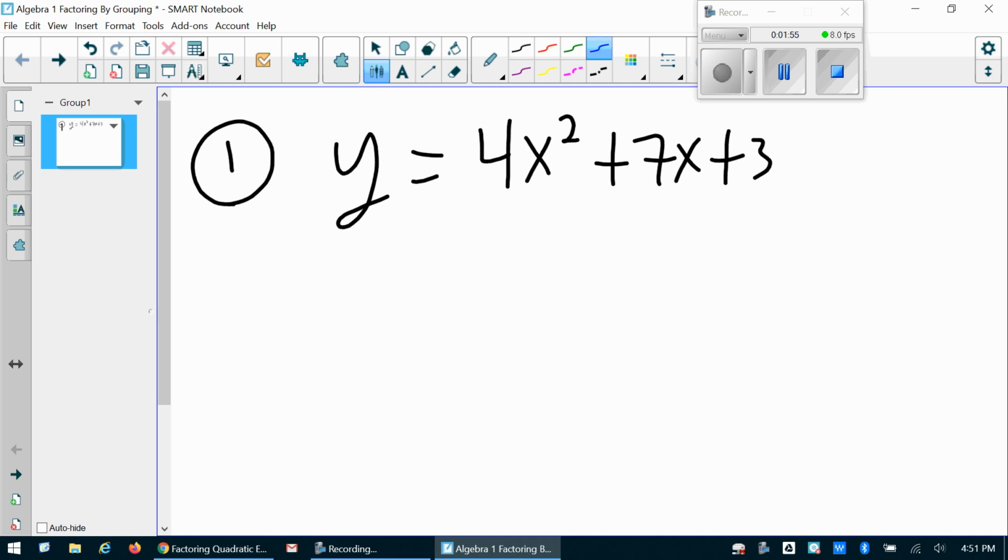First thing you should notice is that a is 4. It's not 1. So when you see a is not 1, you always need to try to pull out a greatest common factor. So basically divide all three pieces by 4.